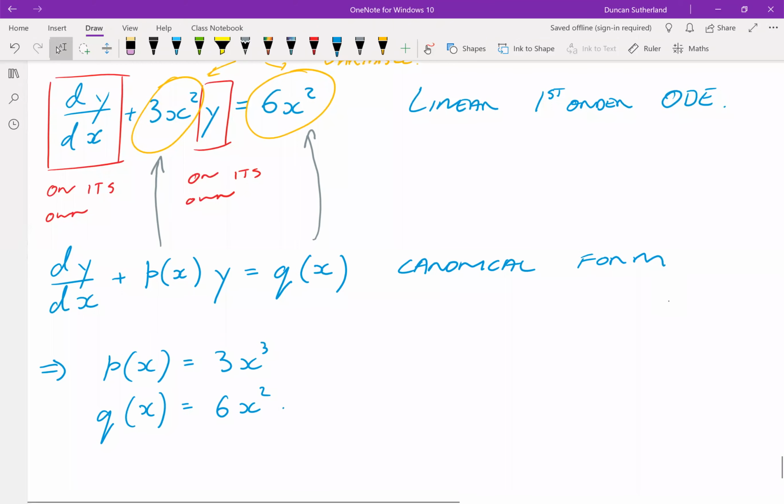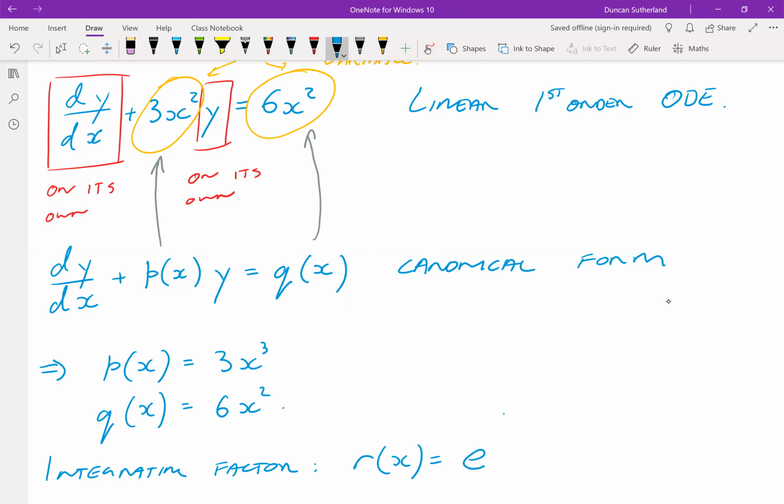We also know that we use what's called an integrating factor to solve these equations. So in our notation, it's r of x is the integrating factor. That's e to the power of the integral of p of x dx. And that's why we identify p and q, because we need to know what p is in order to write down the integrating factor.